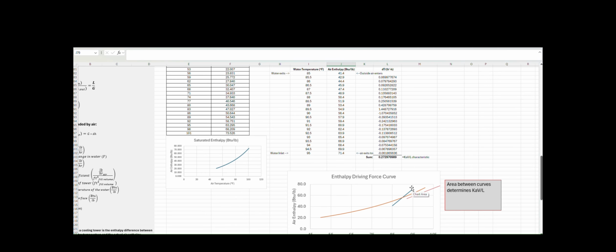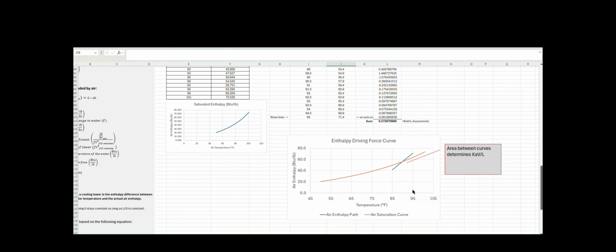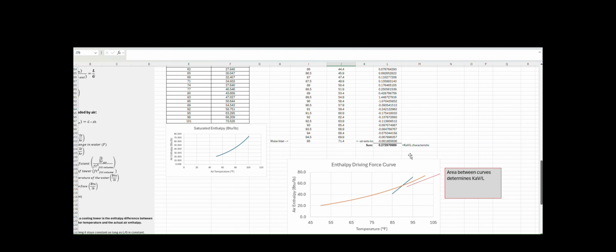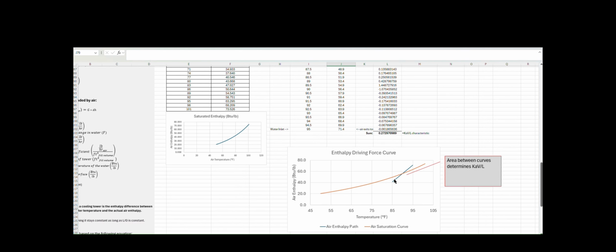So what would then happen? We know this isn't a valid path for it to take because it can't become more than saturated. So what would actually happen is that if this is your actual ratio, because you can manipulate the airflow to give you that actual ratio, this condition is not possible because these water temperatures would not be possible.